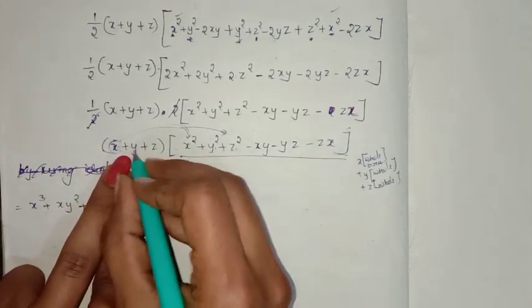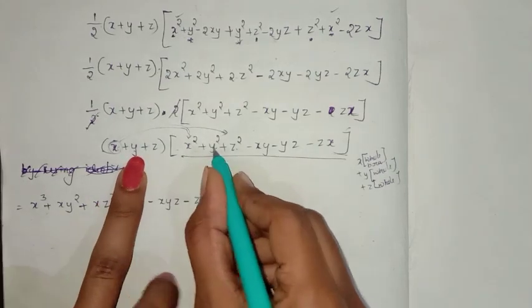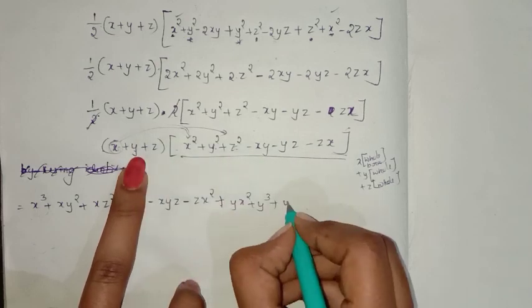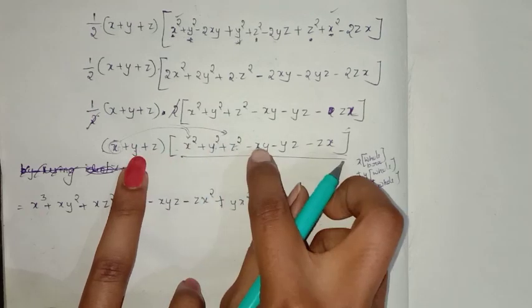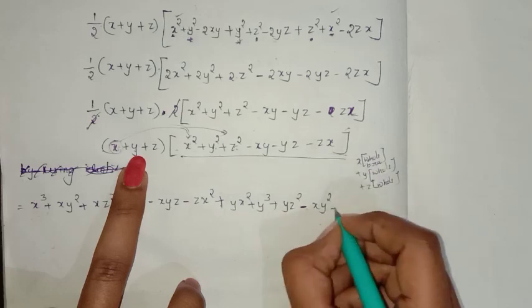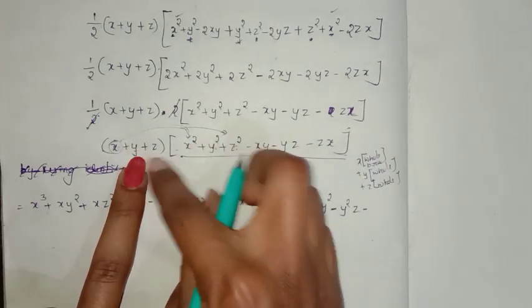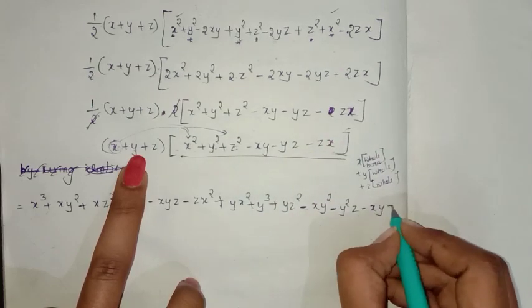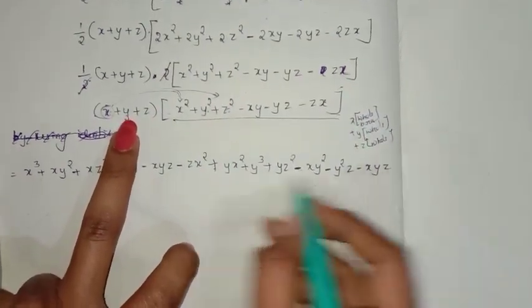Next start with y. y into x square, y x square. y into y square, that is plus y cube, plus y into z square, y z square. Then y into minus x y, so it is minus x y square. Minus y into y z, y square z, minus y into z x, so that is x y z.